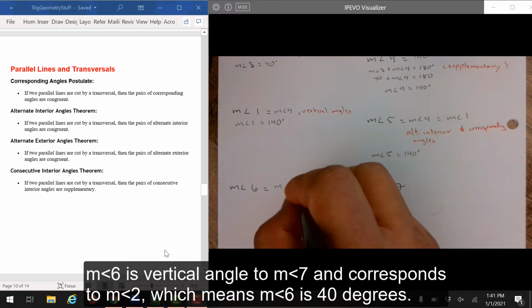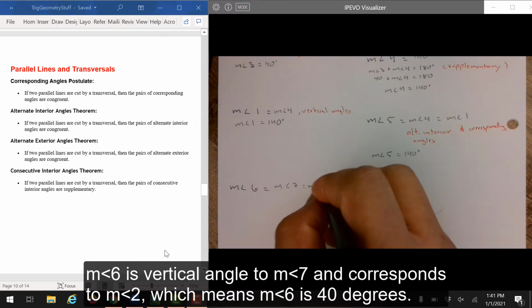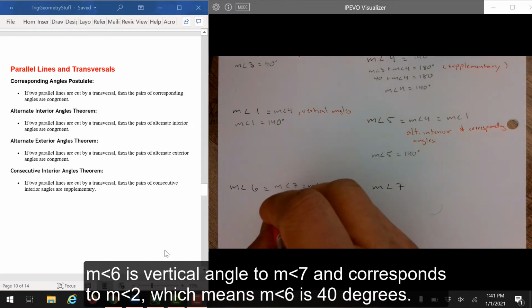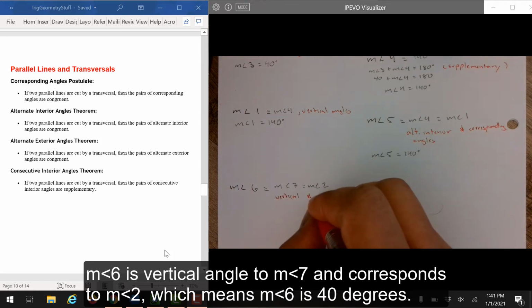Measure of angle 6 is vertical to the measure of angle 7 and corresponds to the measure of angle 2, which means the measure of angle 6 is 40 degrees.